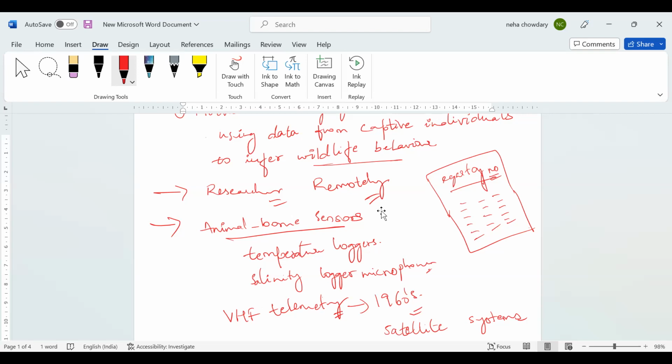The duration of each recording interval was 3.3 seconds. So in those 3.3 seconds, the researchers were able to capture data about the animal.